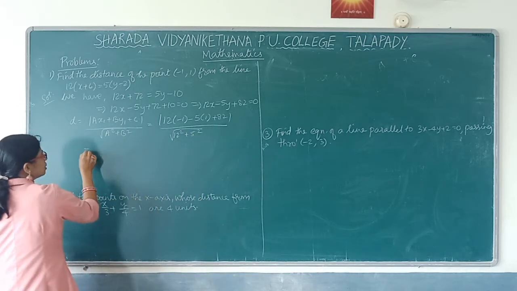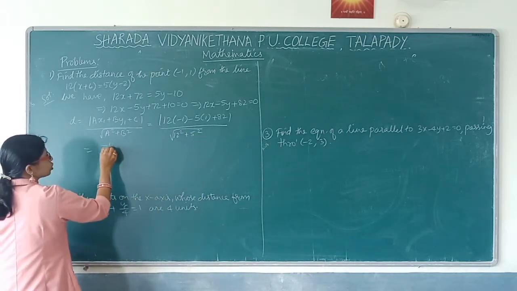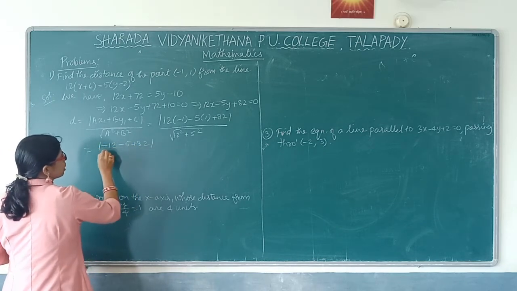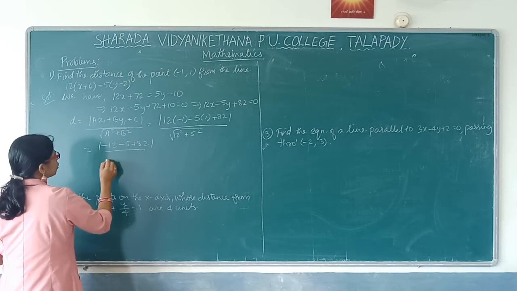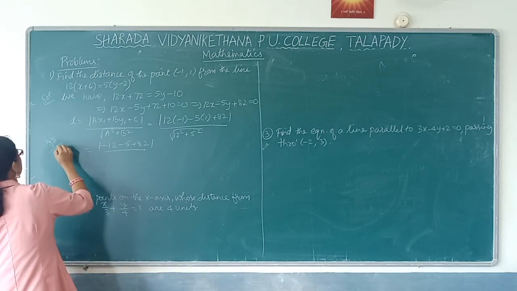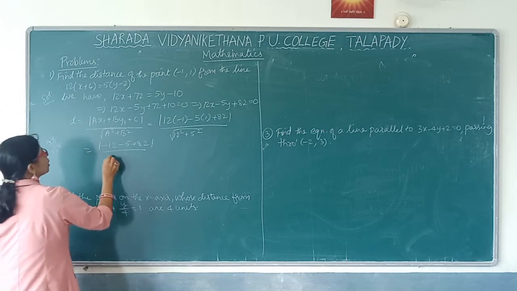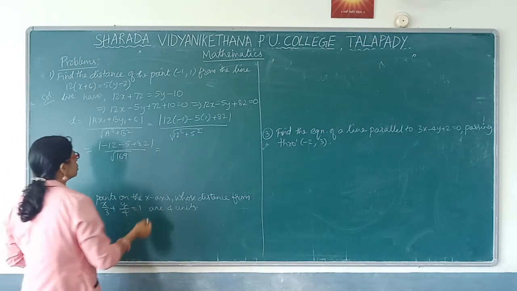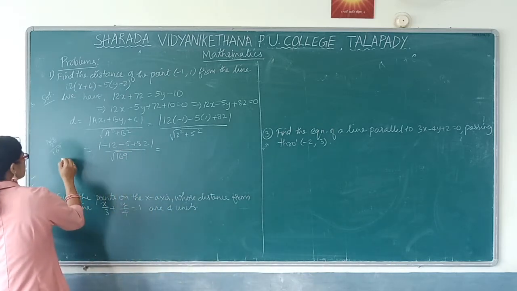So just calculate this. What do we get? Minus 12 minus 5 plus 82, and this is 144 plus 25. What is that? 169. Square root of 169 you know as what is that? 13. So 82 minus 17.